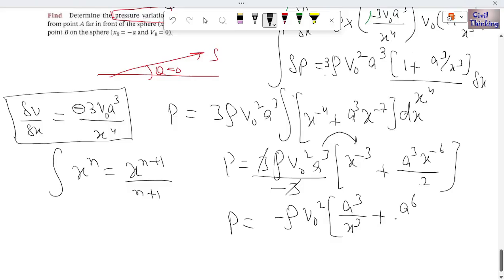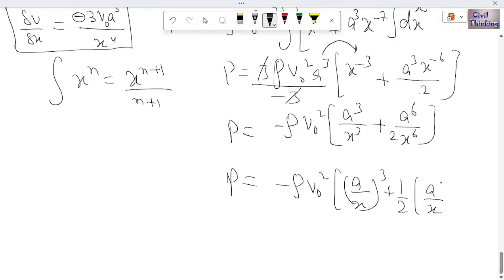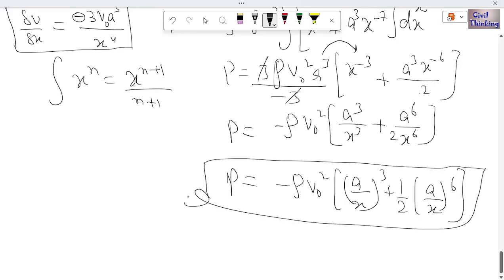Now x power minus 6 is 1 by x power 6. So we have the pressure is negative v naught square times a by x whole cube plus half of a by x power 6. So this is our pressure variation.